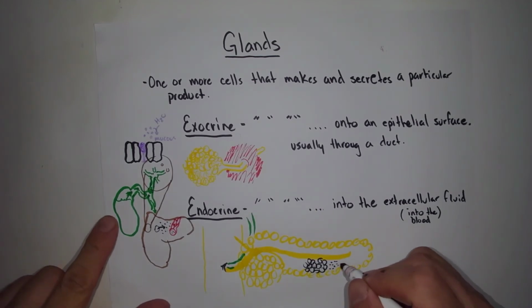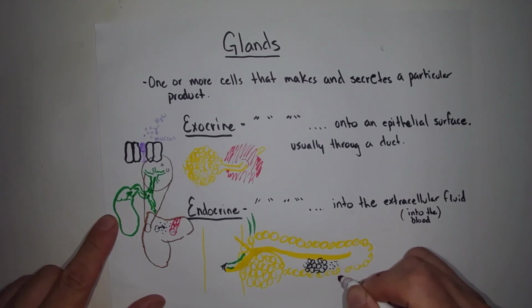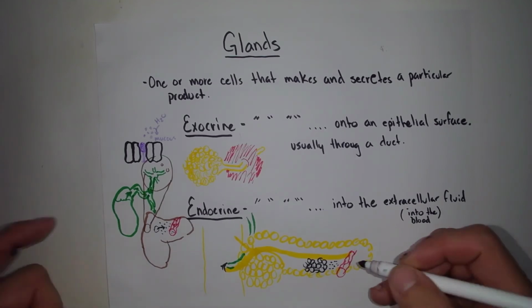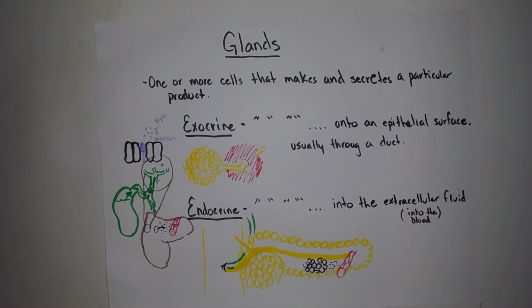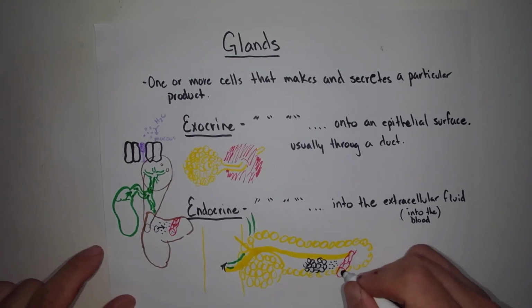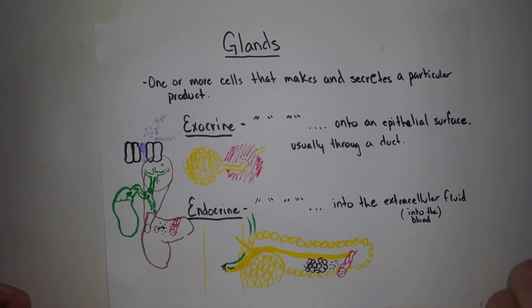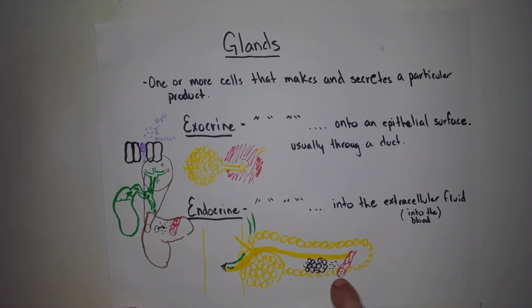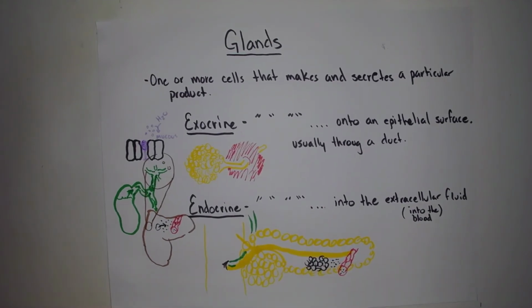And it's going to end up in the blood supply or blood vessel through little gaps in the epithelium or into the lymphatic system. And these products are making their way directly into the blood. So the pancreas, much like the liver, has both endocrine function and exocrine function.